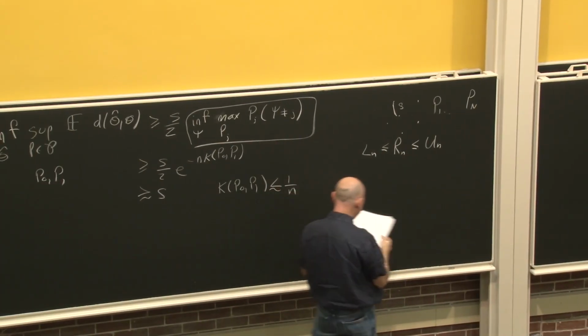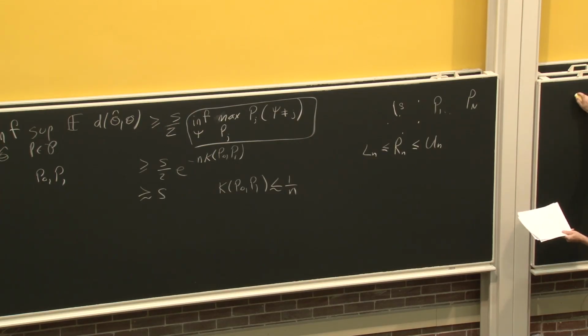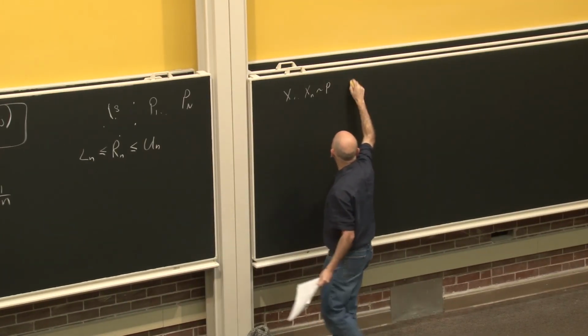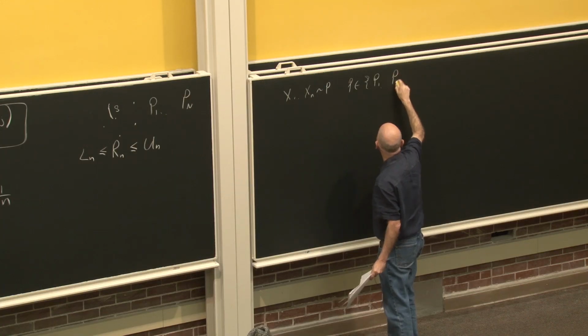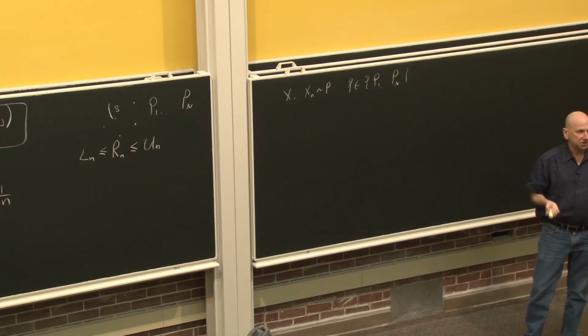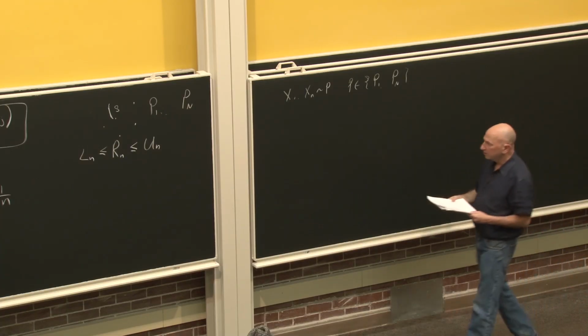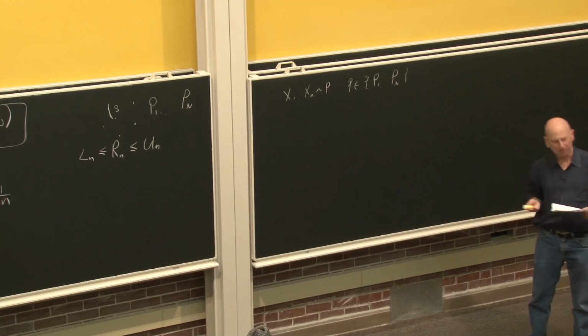let's just look at this error probability. Let's abstract the problem. I have X1 to Xn from P, where P is some finite set of distributions. And again, the problem is simply to do a selection, just to guess which one produced it. That's what we're trying to bound. We did that using that kind of Neyman-Pearson argument here.